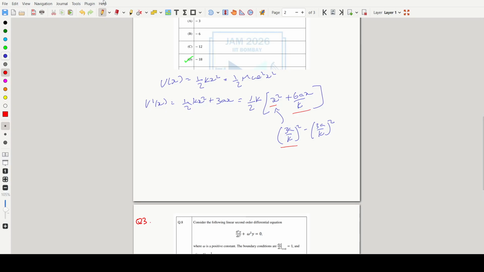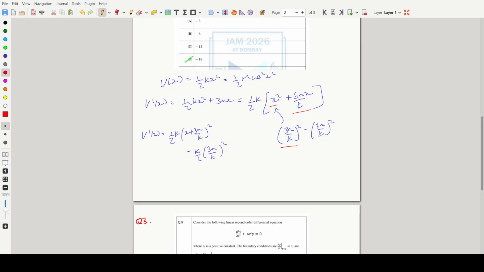So my v prime of x can be written as half k times x plus 3a over k the whole square minus half k times 3a over k the whole square.